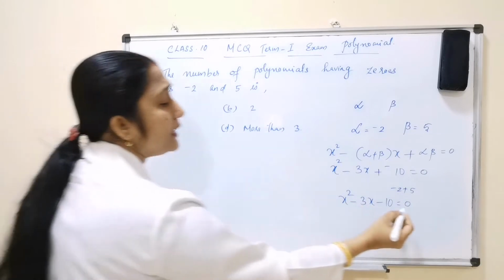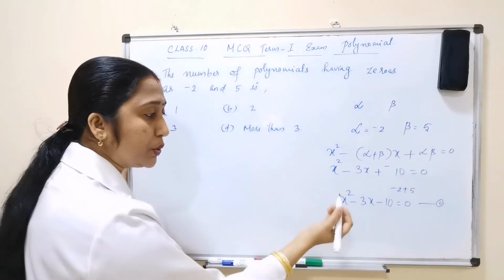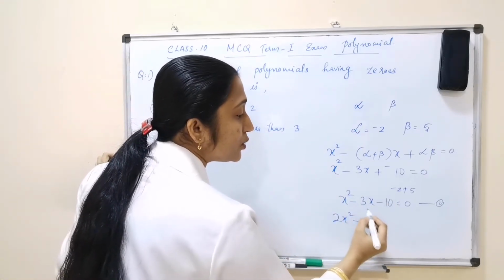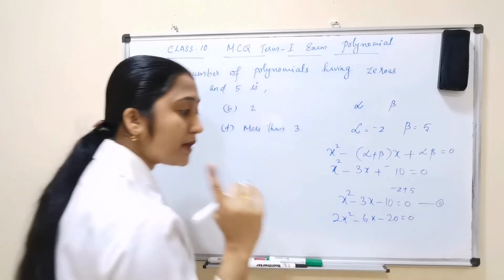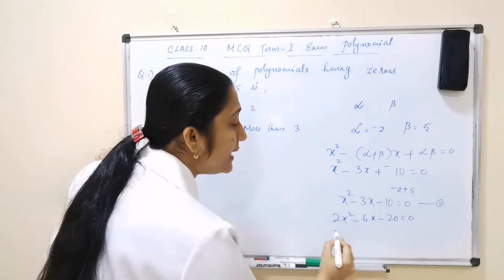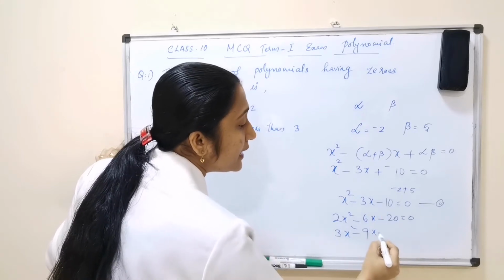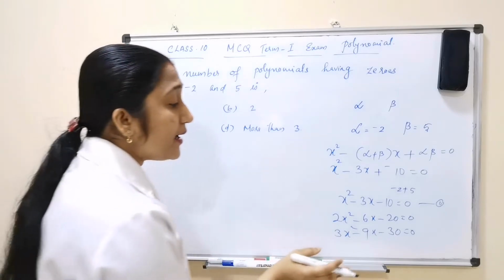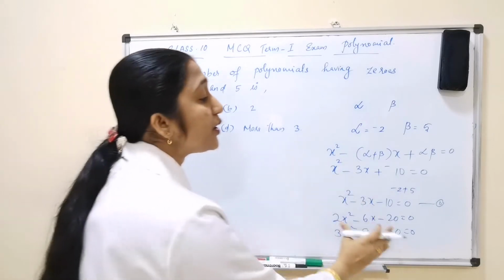If we multiply this polynomial by 2, we get 2x square minus 6x minus 20 equal to 0, which is one polynomial. If you multiply by 3, we get 3x square minus 9x minus 30 equal to 0. This is another polynomial, different, but the zeros are the same.